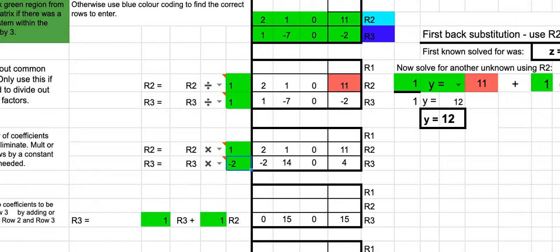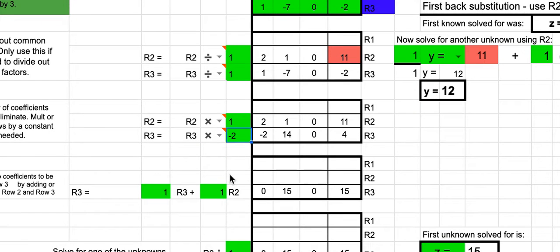Okay, and I multiplied by -2 there, and now I can add. Okay, I can add. And here's the other thing. Yeah, that's perfectly fine. So let's add those together. So the new row 3 will be the old row 3 plus row 2, which we've got.